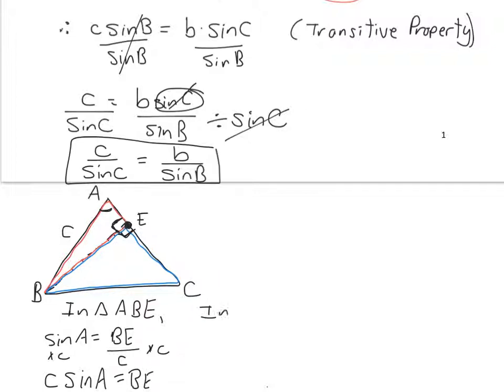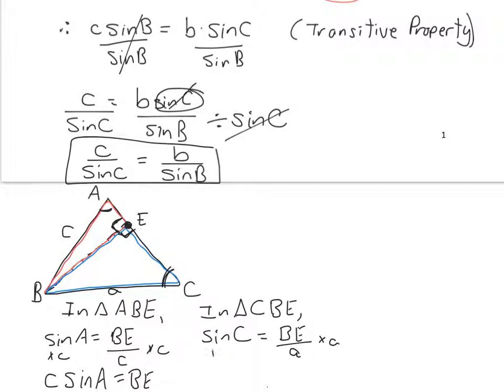In the blue triangle, triangle CBE, I can say that the sine of angle C is equal to opposite, which is BE, over side length A, opposite of angle A in the big acute triangle.